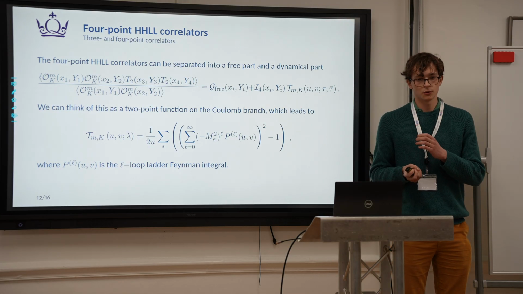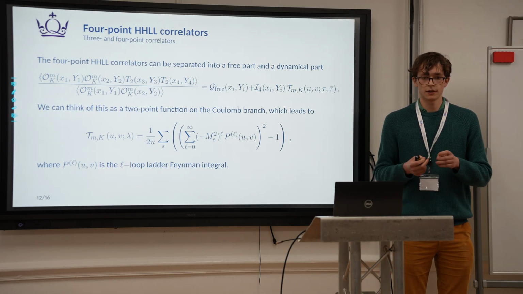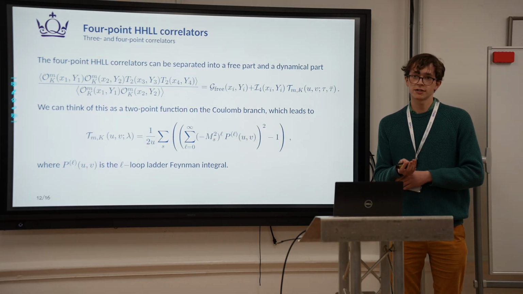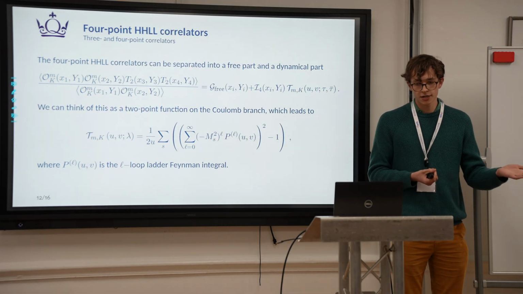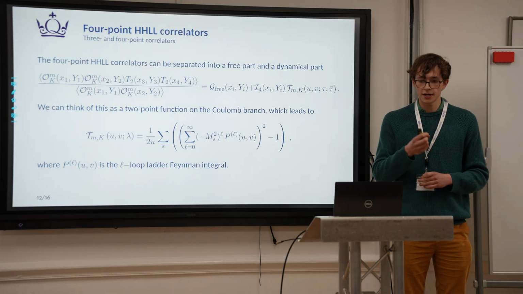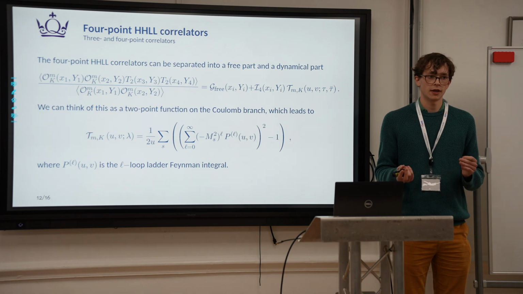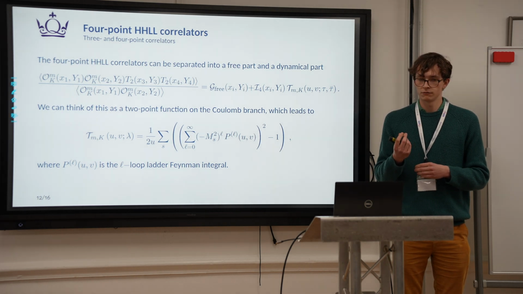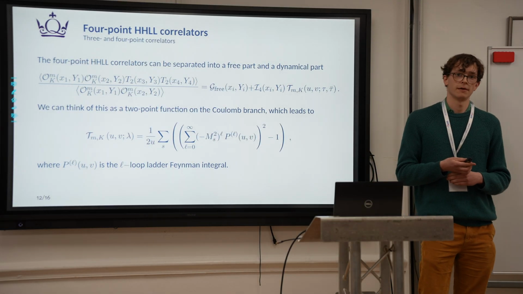We saw that in the classical solution there are these massless modes and these massive modes. The massless modes will just contribute to the free term, but the massive modes, their propagators will be conformal ladder integrals.